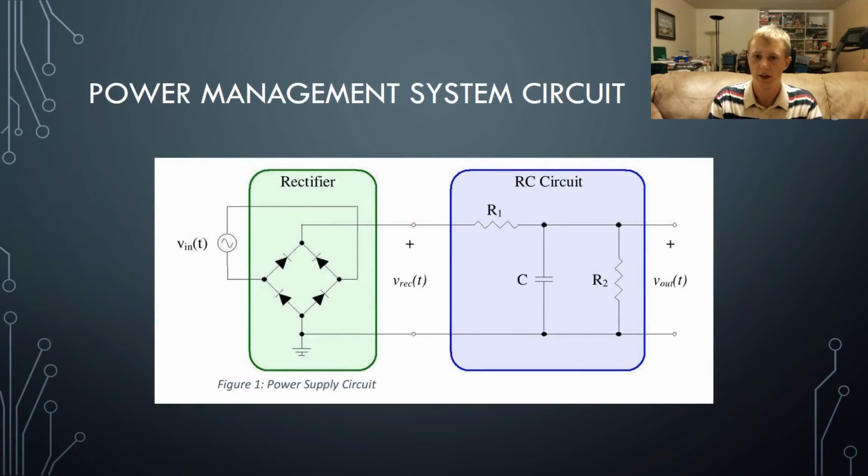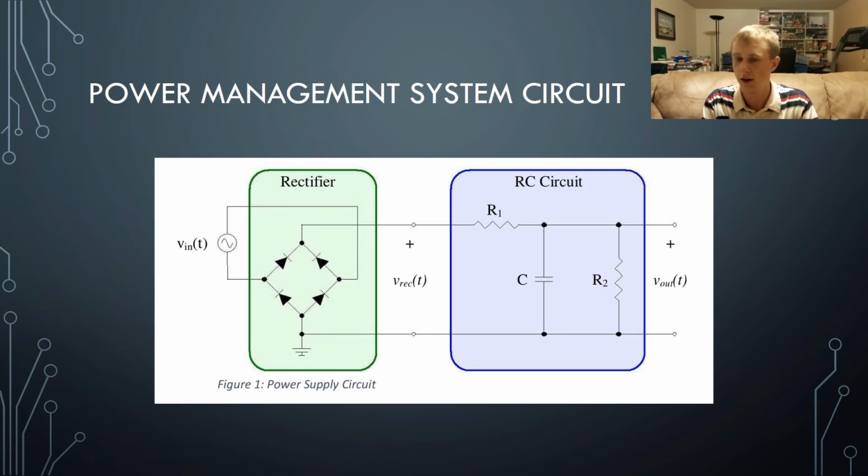Let's begin by looking at the overall system. The system is made up of two subsystems, a rectifier and an RC circuit. I'm going to start by looking at the rectifier, the inputs and outputs to that rectifier, and how the individual components, the diodes, work.